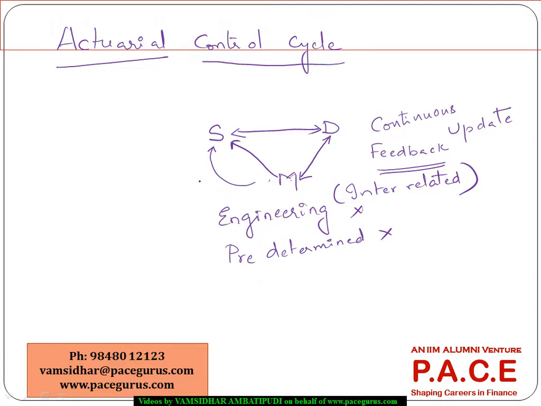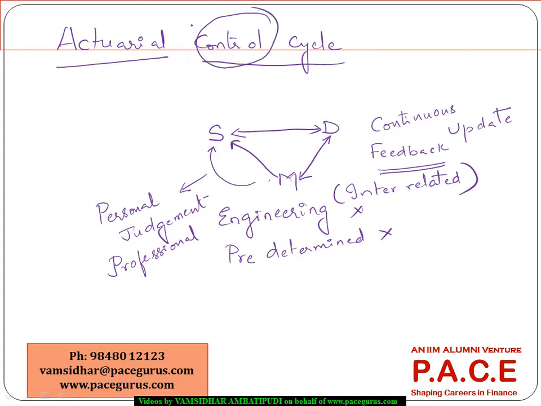So the feedback involves some kind of personal judgment. Feedback is not mechanical, directly fed back from one stage to the other. So professionalism is very much required in taking the output of one stage into the other, which means I can't directly call it a cycle. I have to call it a control cycle, because control is basically the manual involvement that is there at every stage of this cycle.